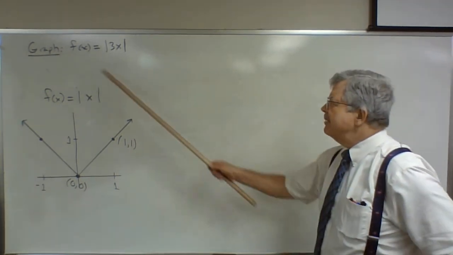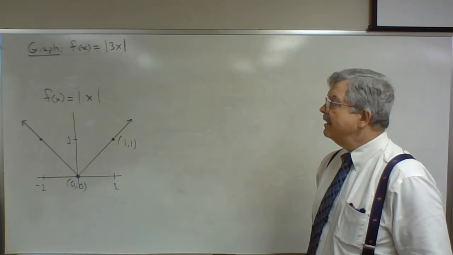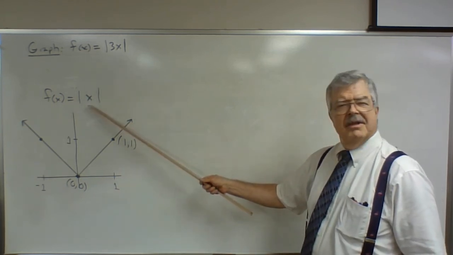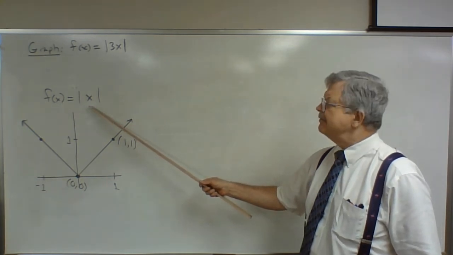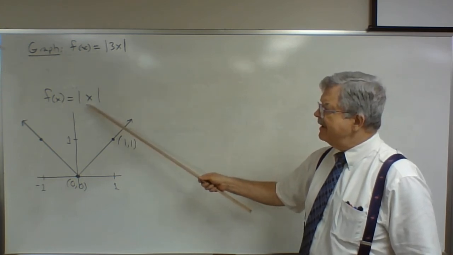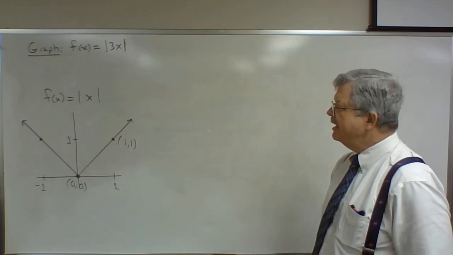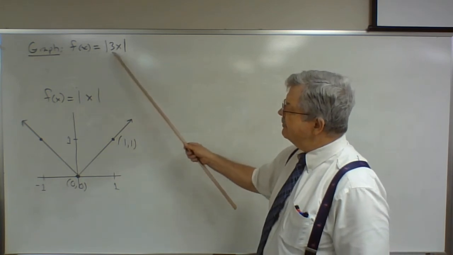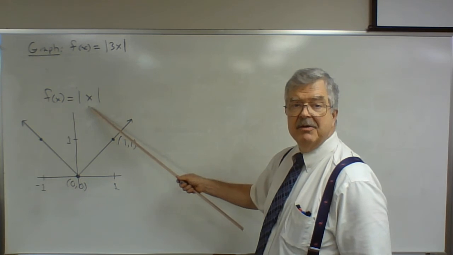Here's another example. f of x equals absolute value of 3x. And to graph this, we look at the basic function in our repertoire of basic functions that most closely resembles this. And that's the graph of f of x equals absolute value of x. Now I expect the graph of this function to look a lot like the graph of absolute value of x.